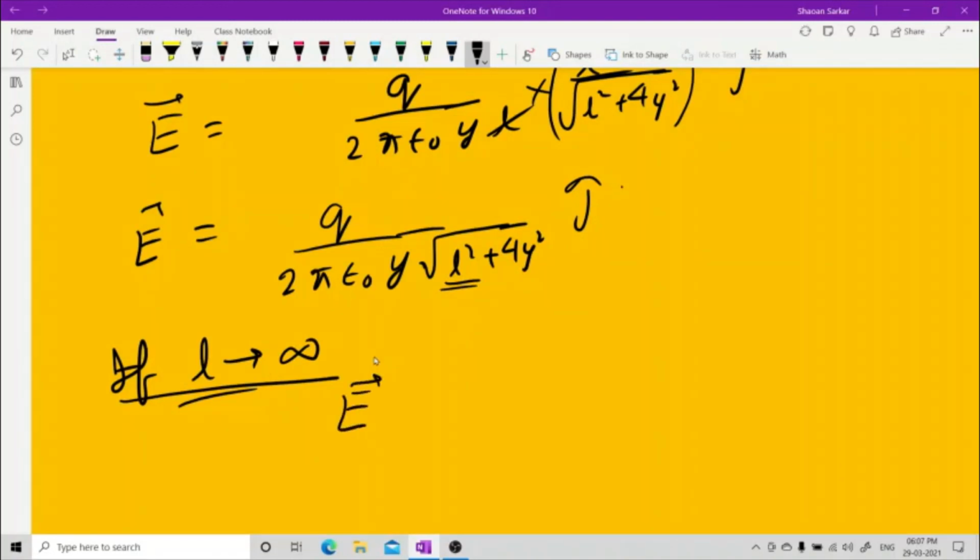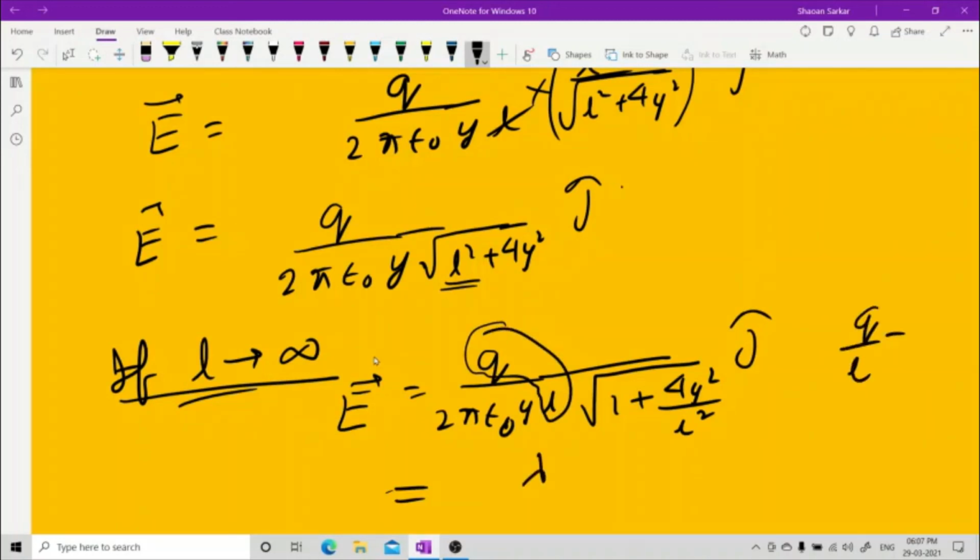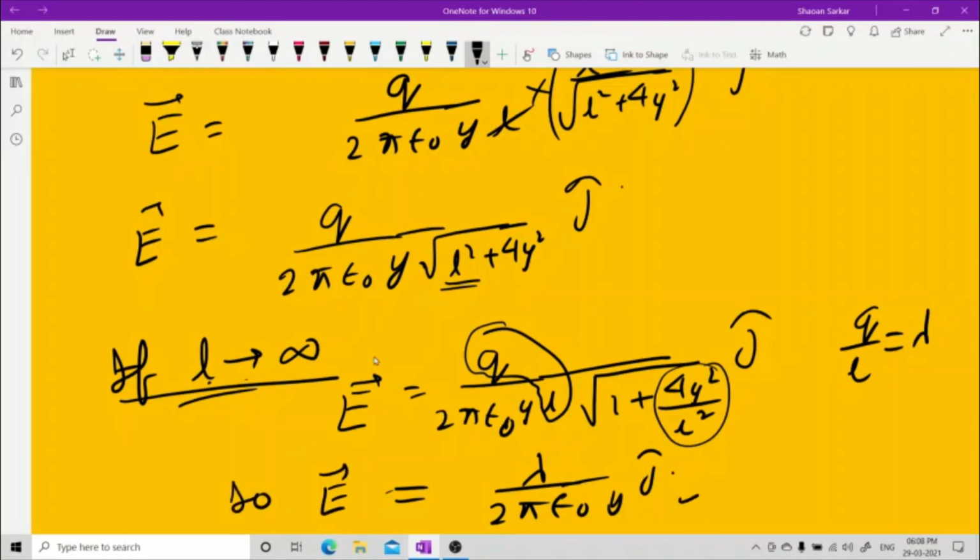E equal to Q upon 2 pi epsilon naught y L, and then under root 1 plus 4y square upon L square, j cap. Now Q by L is nothing but lambda. Lambda upon 2 pi epsilon naught y. Then L goes to infinity, this quantity will go to 0. So E is basically lambda upon 2 pi epsilon naught y j cap.